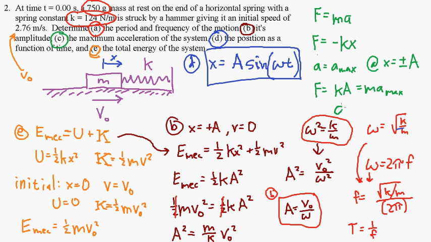So a max is going to equal k over m times your amplitude. And that is the answer to part C.